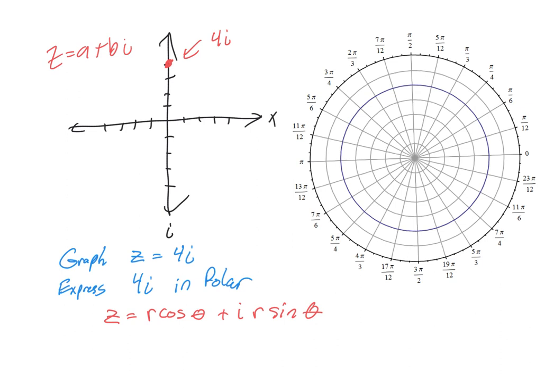And then, in order to put it into polar, I'm going to look and say, what is the theta of that location? That theta is pi halves, as I think about a polar coordinate system up here.